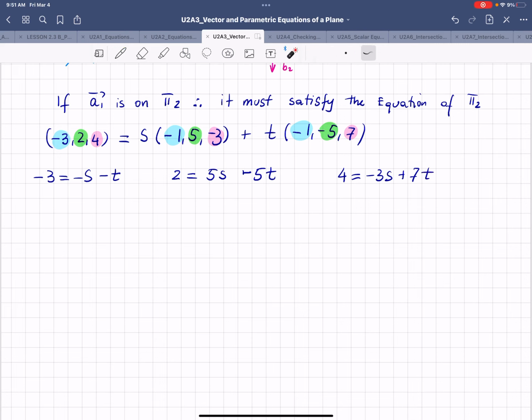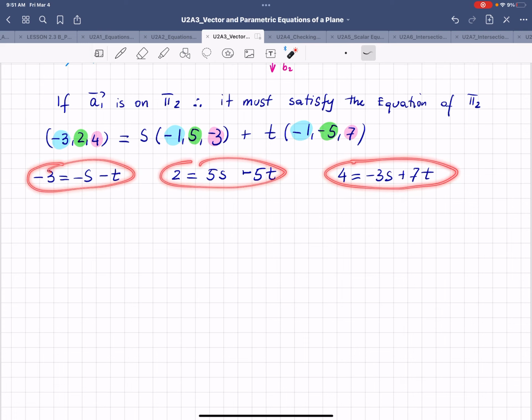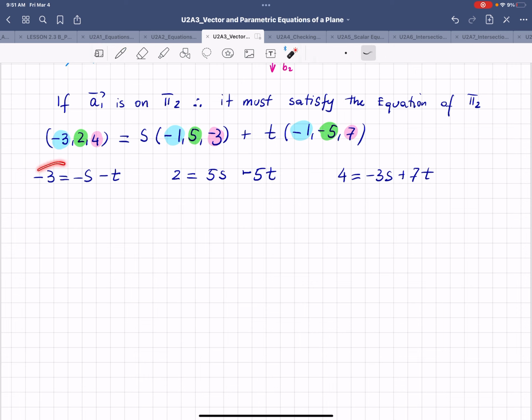Now we have to find S and T, and remember that we have 3 equations built. We can use any pair of equations to solve for S and T, and then with the found values of S and T, we can test and see if they work for the third equation. I will call this equation 1, this one 2, and this one is equation 3.